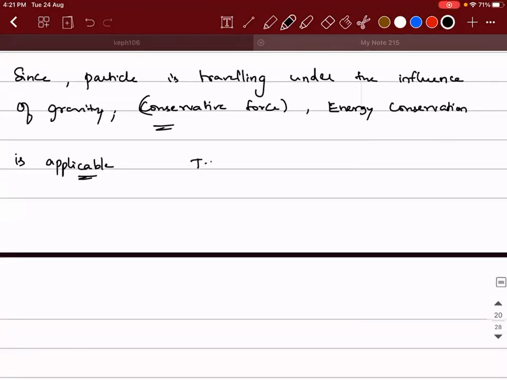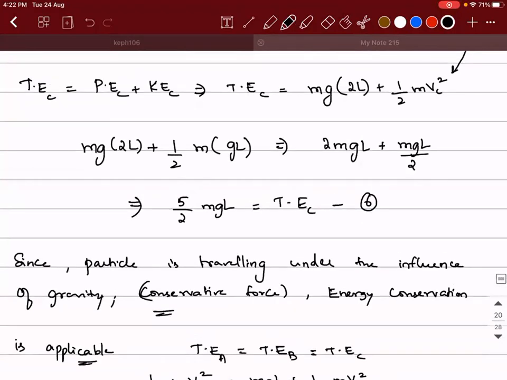So what can we say? Total energy at A is equal to the total energy at B is equal to the total energy at C. So what is the total energy at A, guys? Go revisit and see. It will be half m v naught square. The total energy at B is mgl plus half m vb square. What is the total energy at C?